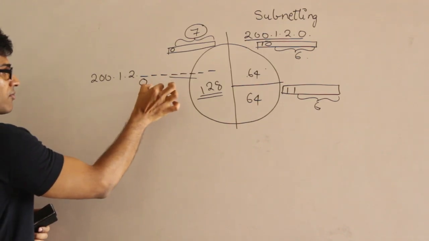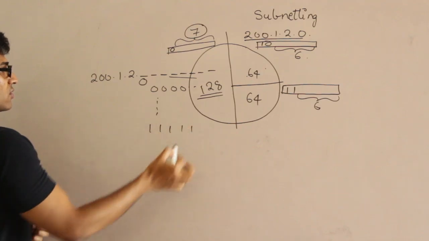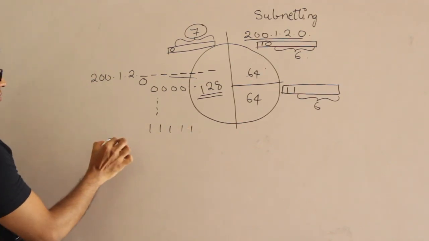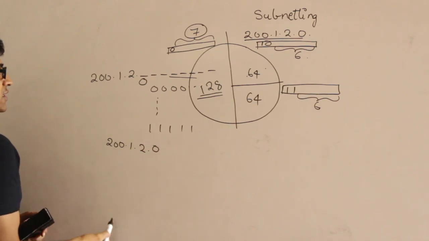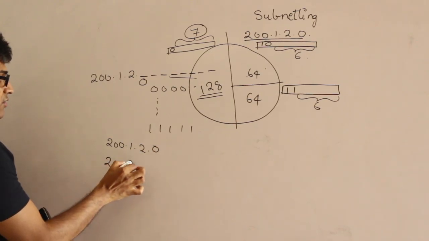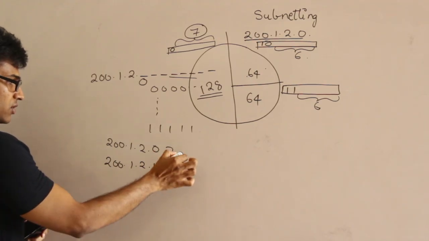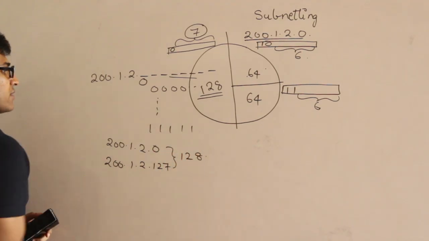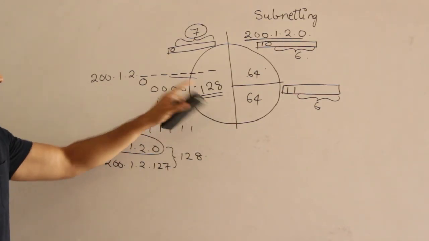So now you go from all 7 zeros to 7 ones. So if you look at that, 200.1.2.0 is the first IP address, and 200.1.2.127 is the last IP address, and totally we got 128 IP addresses, out of which the first IP address is nothing but the subnet ID of this subnet.